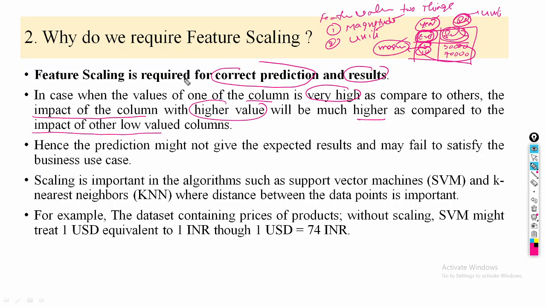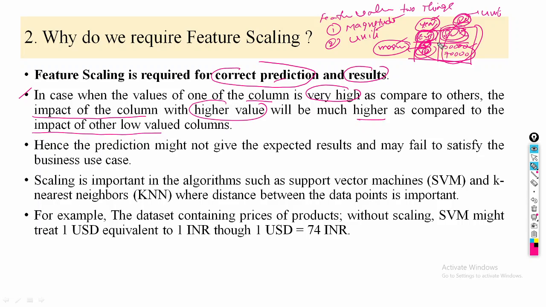Feature scaling is required for correct predictions. For example, experience has one or two digit numbers, like 5 and 10, but salary is another feature with 5 digit numbers. So the salary feature has more impact compared to the lower value feature. That is the meaning of the sentence: one column is very high compared to the other columns.